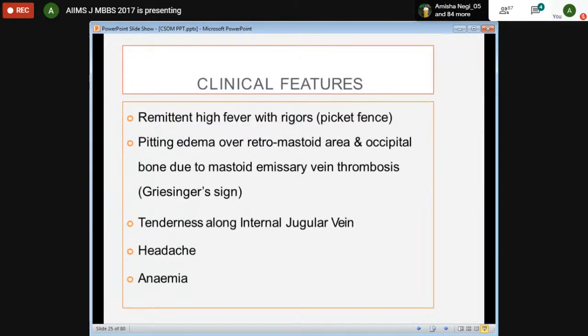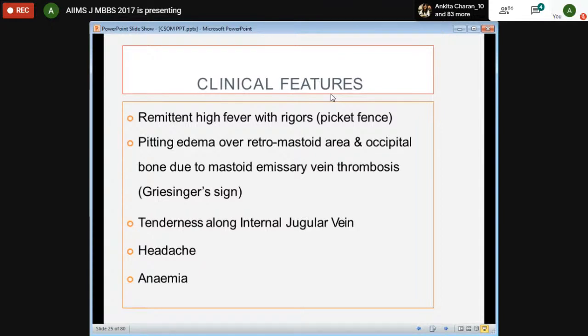So the clinical feature is picket fence fever. This is a typical fever which we see in lateral sigmoid sinus thrombosis, because there will always be high fever, which may be 100 or 101 all the time, never touching the baseline, but there will always be a spike to 104, 105 whenever there is emboli formation.